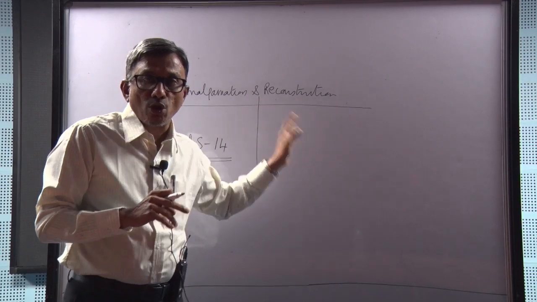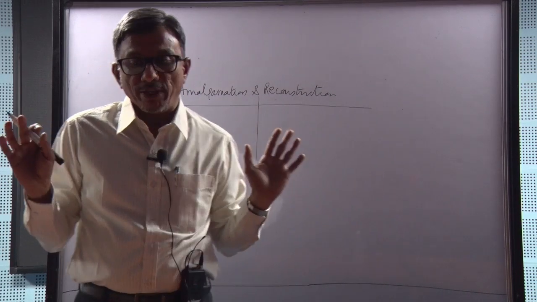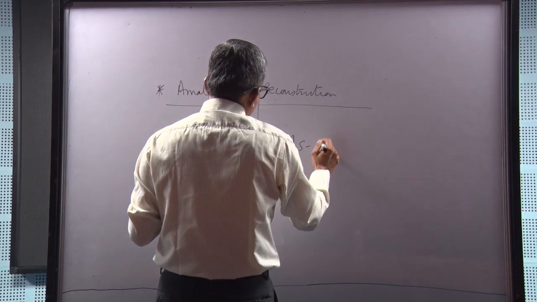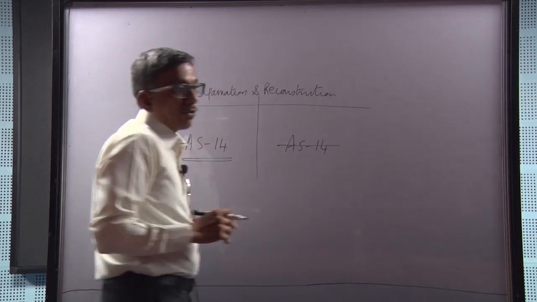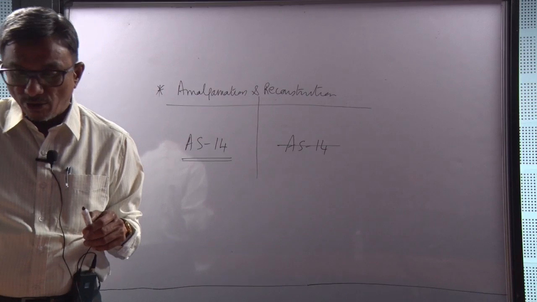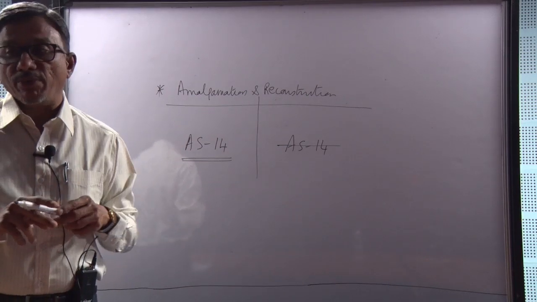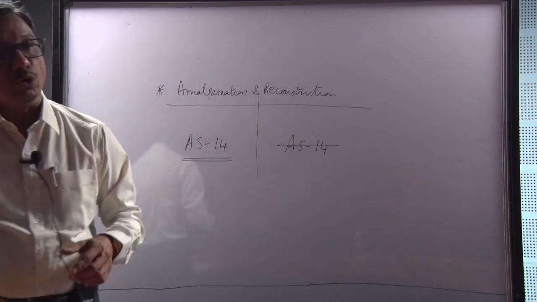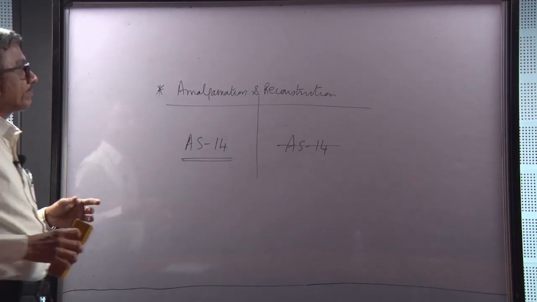Reconstruction problems should not be solved based on AS 14. So let us be very clear. Reconstruction, it's not AS 14; amalgamation, AS 14. I hope the material has been given in your link. You will have to use that link to look at the problems we have given.